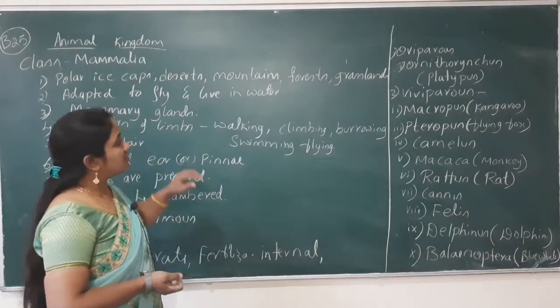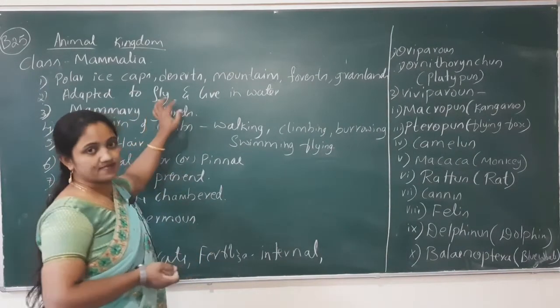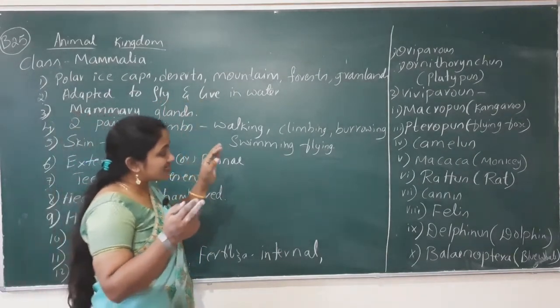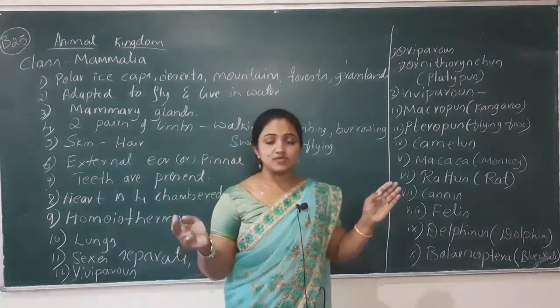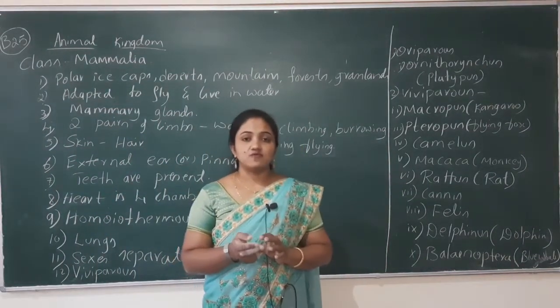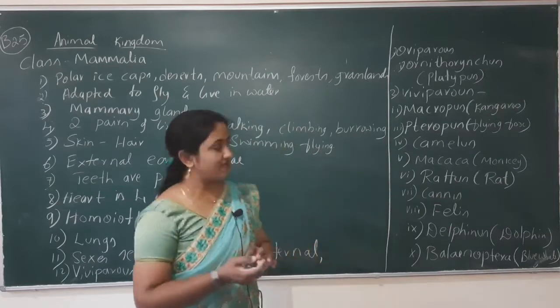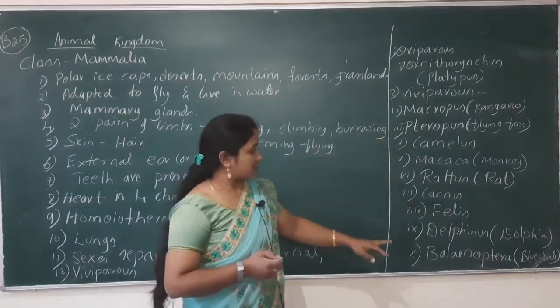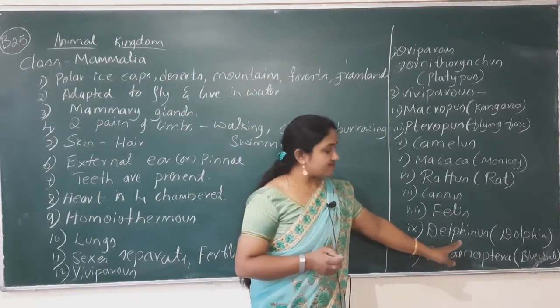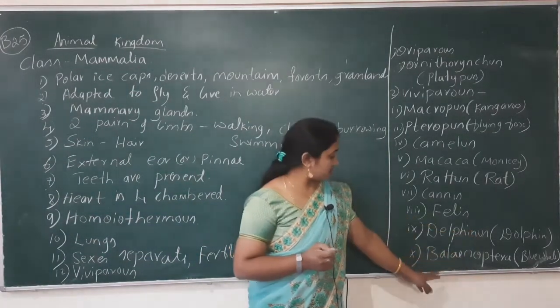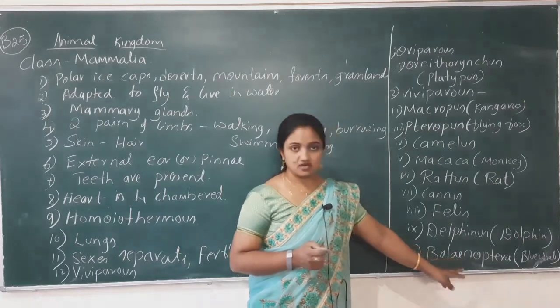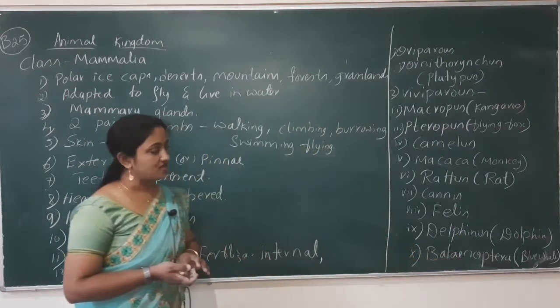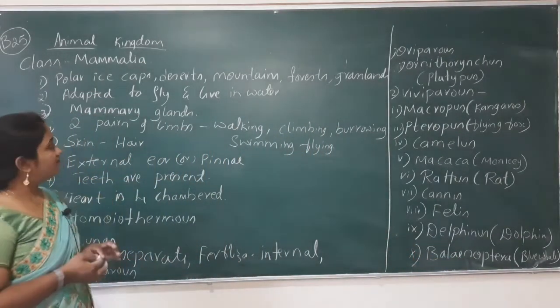It flies, and it has modified its forelimbs as wings so that it can fly. And some of them live in water. For example, Delphinus, common name is dolphin, and Balaenoptera, common name is blue whale. These two live in water.